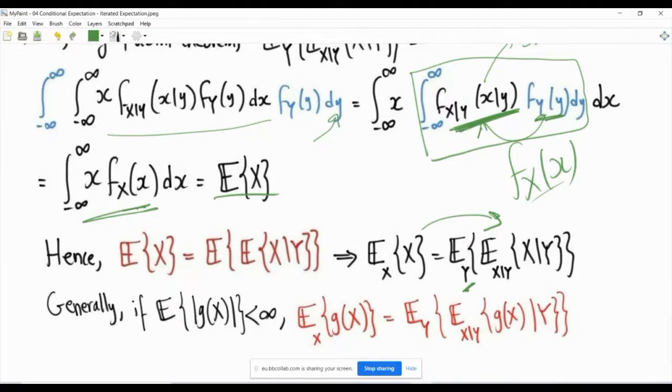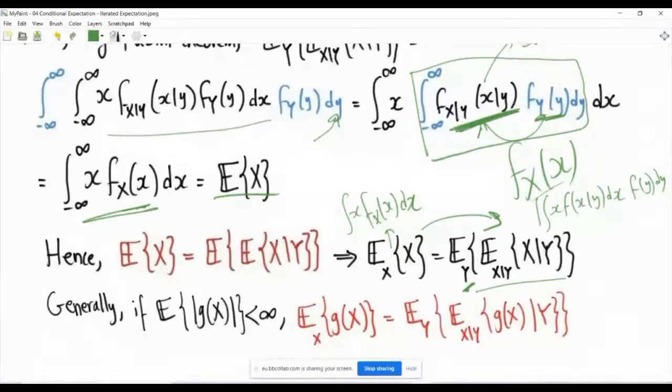Again, this one here is x f of x dx. Now this one here, you compute x given y, and then you integrate with respect to x, and you end up with a function of y, and then you multiply by the PDF of y, and then you integrate. So if the first moment of x is finite, then we have this equality here.